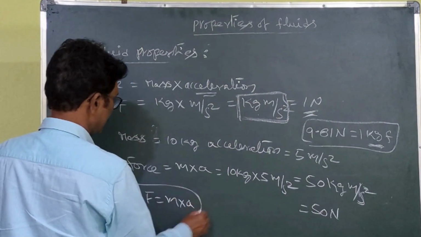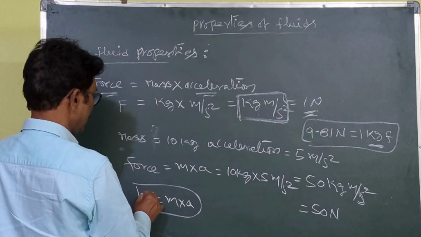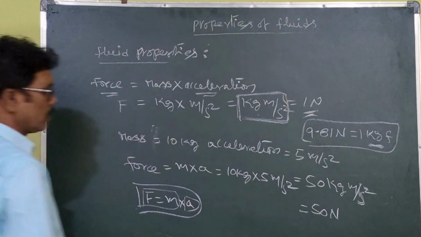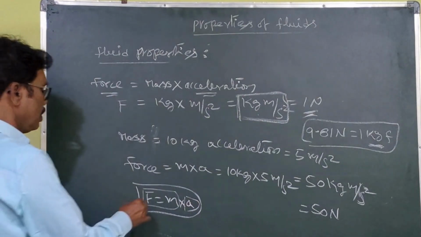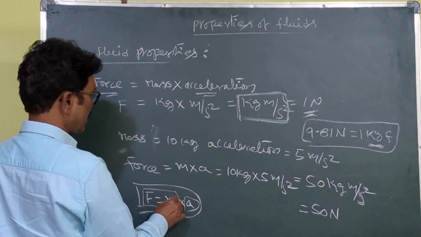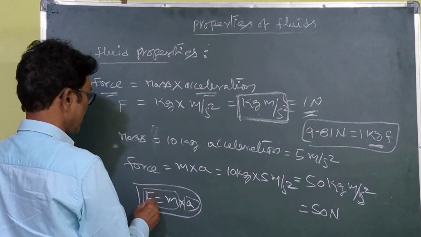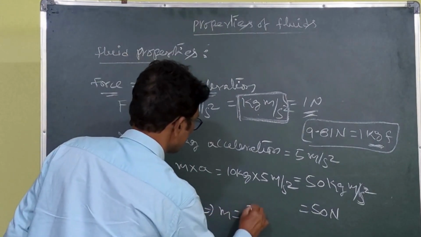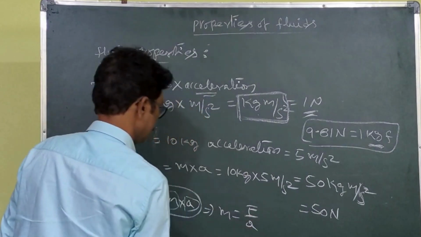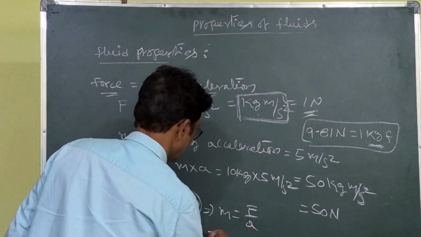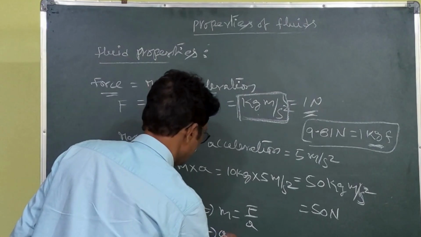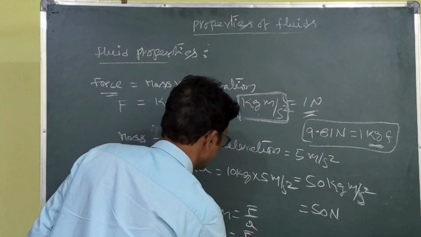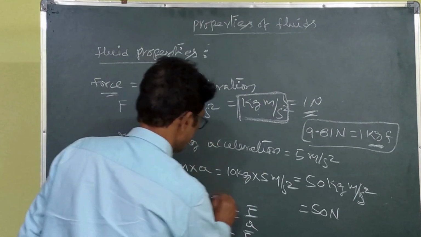In this equation, three terms are there. If we know two terms, we can calculate the third one. If you know mass and acceleration, we can calculate force. From this equation, we can write mass equal to force by acceleration, or acceleration equal to force by mass.